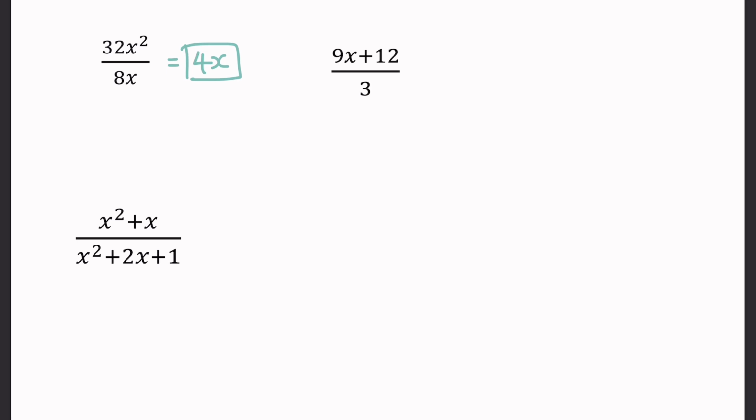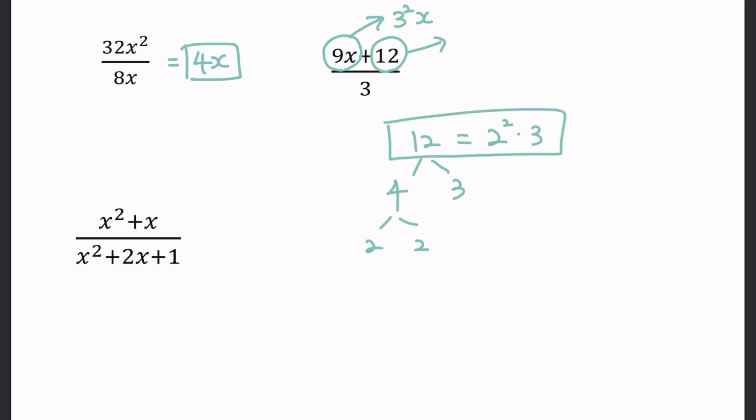If we have an expression like this, 9x plus 12 over 3, that also can be simplified because there are common factors between 9x and 12. So 9x can be rewritten as 3 squared times x. 12, if we do a factorization tree again, is equal to 4 times 3. 4 is 2 times 2. So 2 squared times 3 is equal to 12.